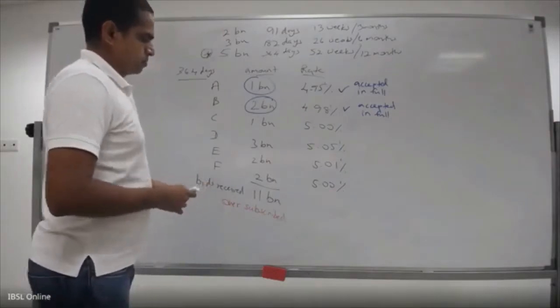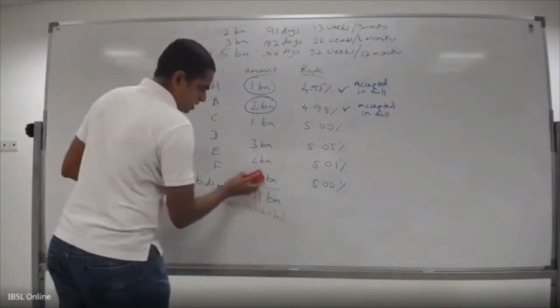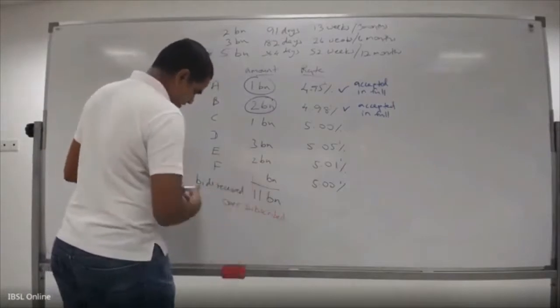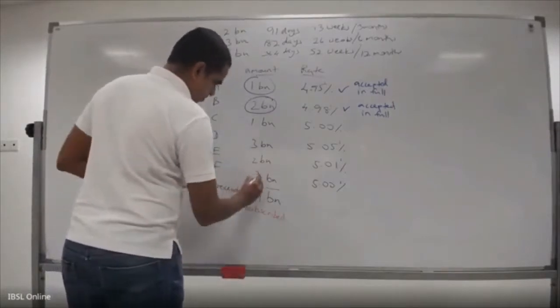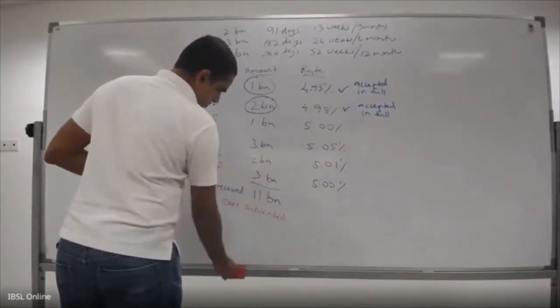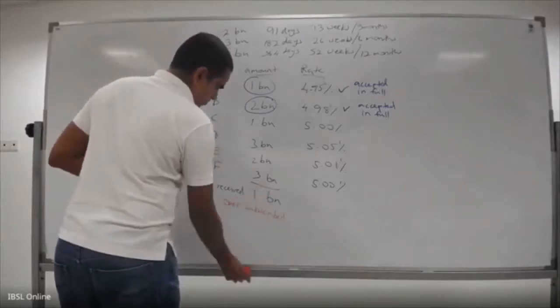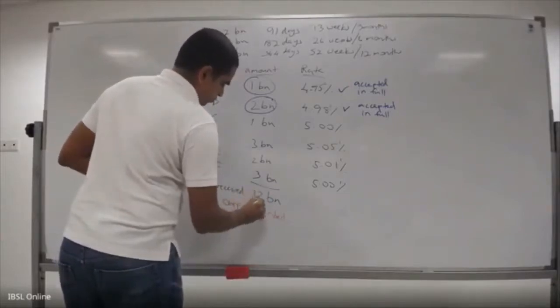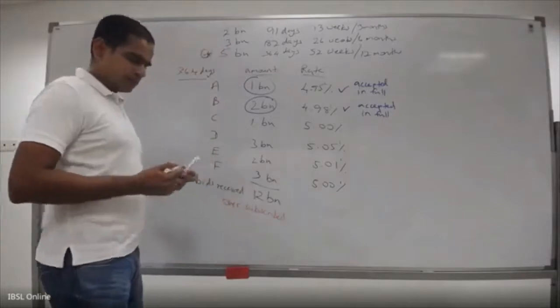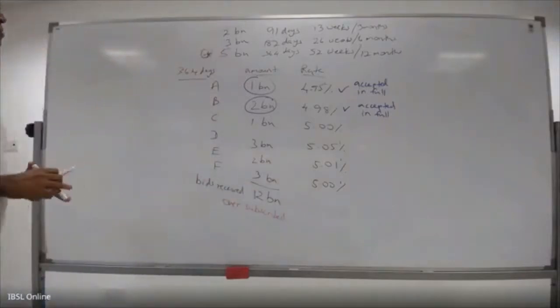For convenience, I will just change this bid received to 3 billion. Otherwise, I'll be jumping up and down with decimals. Right.